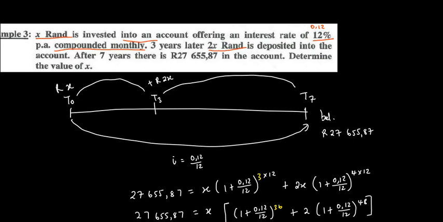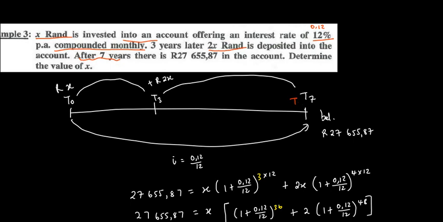You see, if here they had said 7 years later, that will mean that you have to say 3 plus 7 years. So it means that we'll move from 3 here, and then here it will be T10. But that is after 7 years.